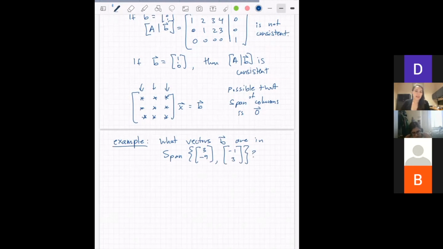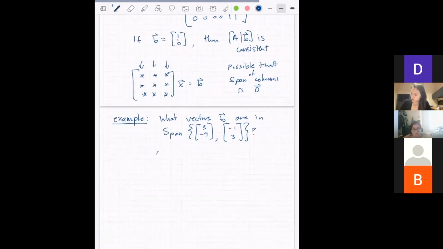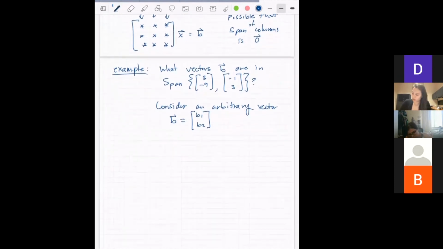Okay, and how we can do this is to consider an arbitrary vector b. So we'll just write it as b1, b2, and then we'll set up our augmented matrix using that. Okay, so our augmented matrix would be, we stick the columns together. So those vectors there, and then have b1 and b2 in our augmented column, and then we row reduce, right?